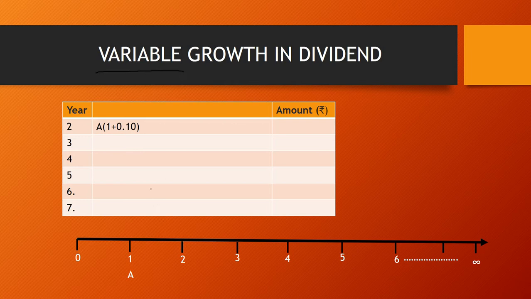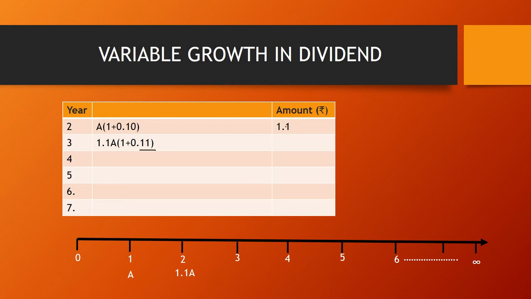So in this example, let's say in year 1, the amount that the company is paying as dividend is A. Now in the next year, let's say growth rate is 10%. So in the second year, you will get 1.1A. Now in the third year, growth rate can be constant or it can change. Suppose in the next year growth rate is 11%.